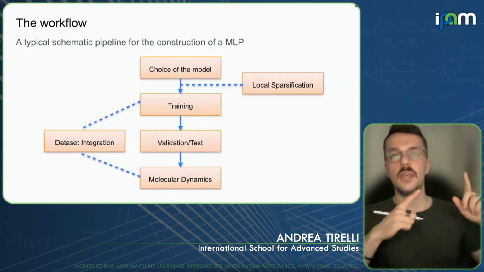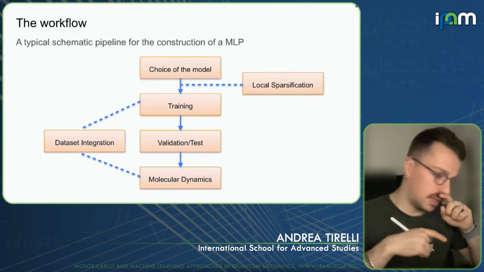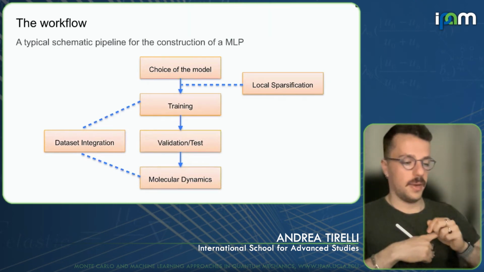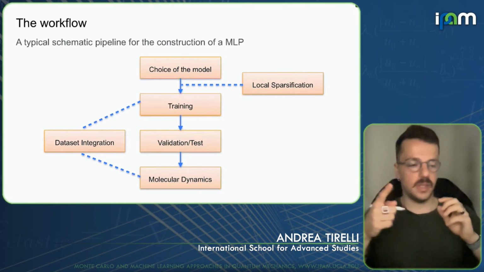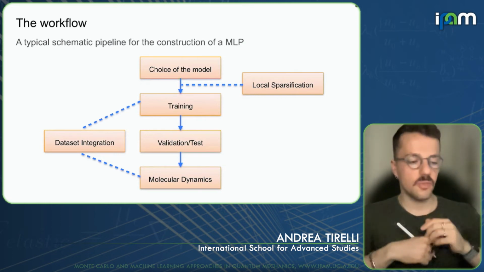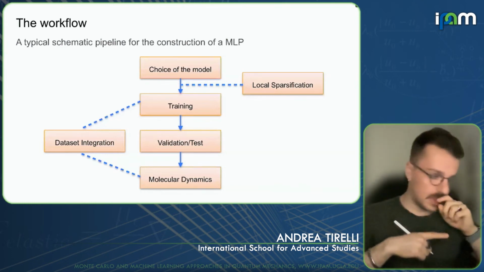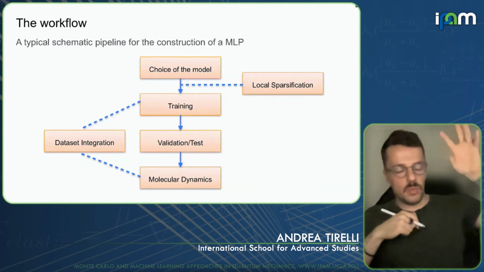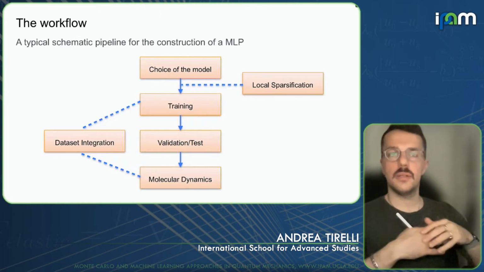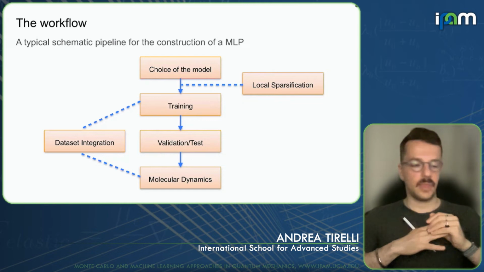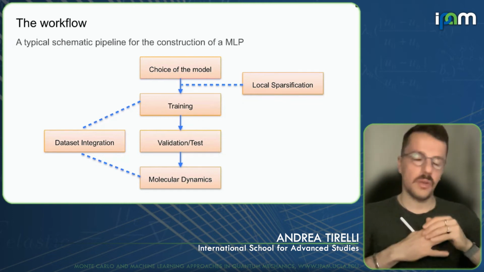In general, the workflow that we employ is the following, and here I will try to answer the question of whether this sparsification problem saves us the quantum Monte Carlo cost. We choose the target method, the model. In our case, the model is fixed to be kernel regression.